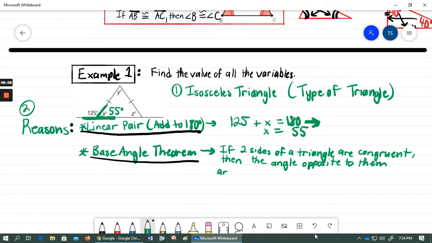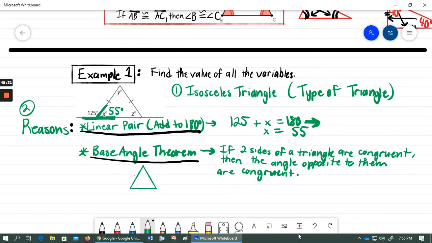That's sloppy, but it'll be all right. It's going to have to be all right. So they're talking about those base angles. All right, so again, what does that mean?